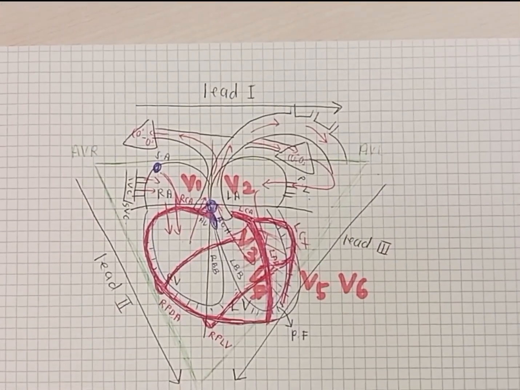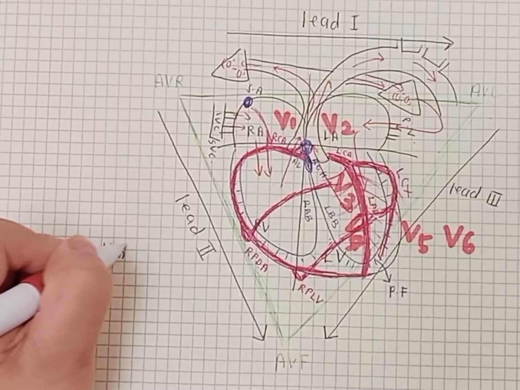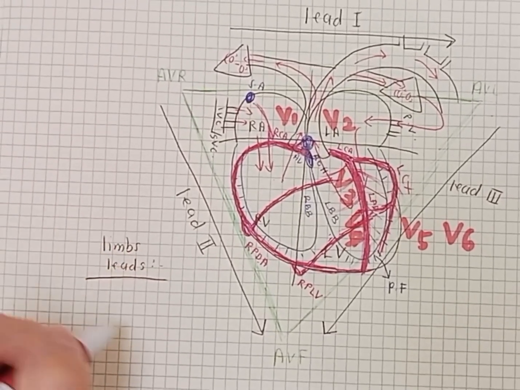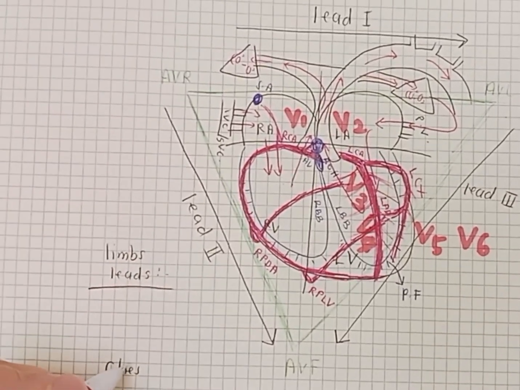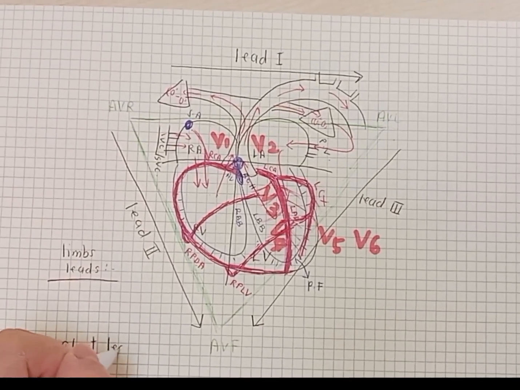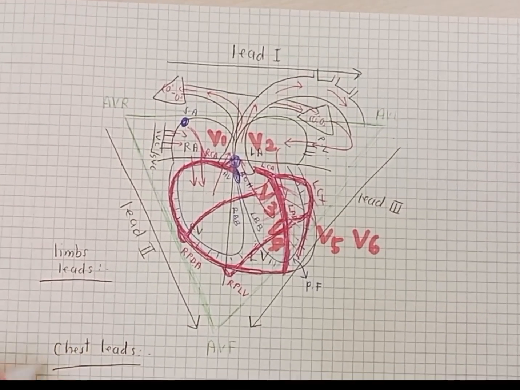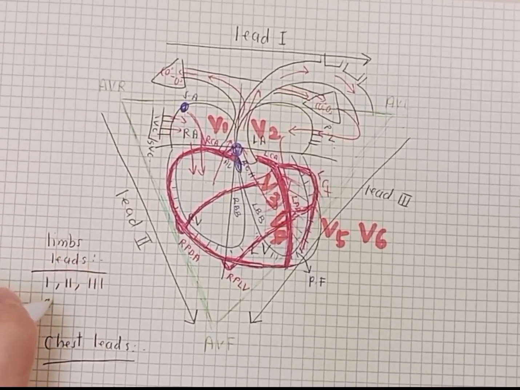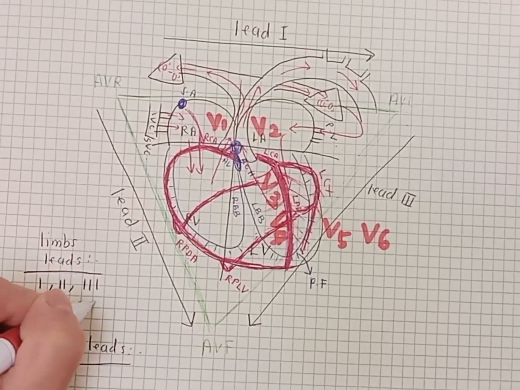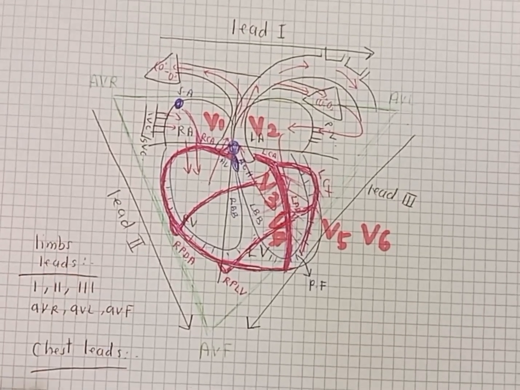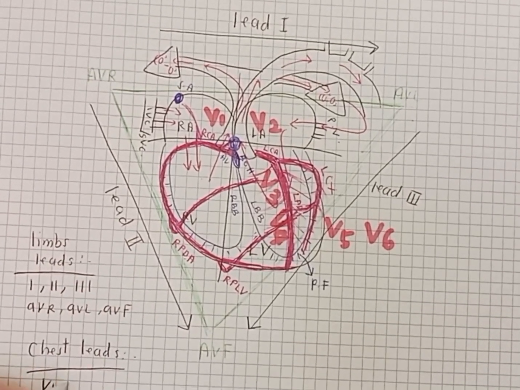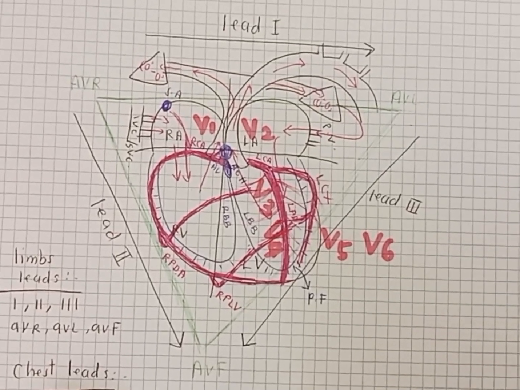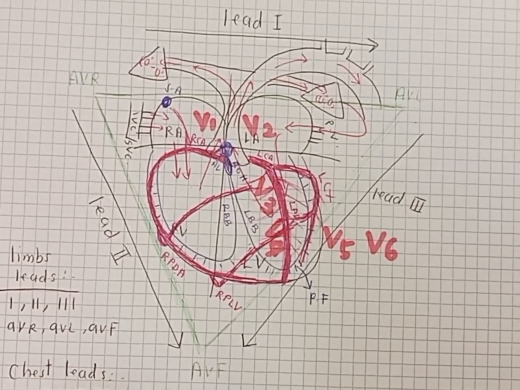So in the 12-lead ECG we have limb leads and chest leads. The limb leads are lead 1, lead 2, lead 3, aVR, aVL, aVF. The chest leads are V1, V2, V3, V4, V5, V6.